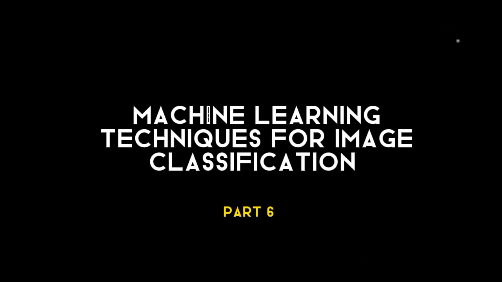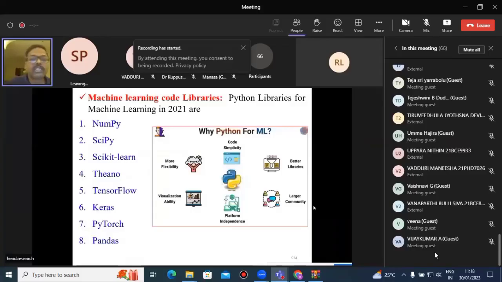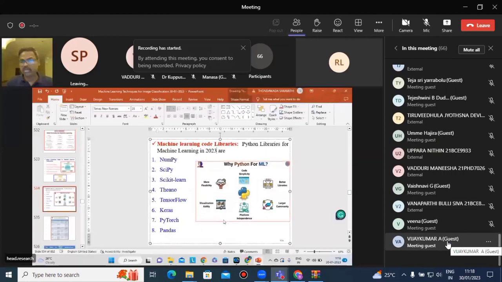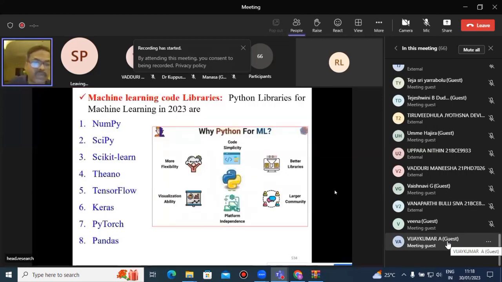Machine learning techniques for image classification. The year 2020, you can add 2023. Now, NumPy, SciPy, Scikit-learn, Theano, TensorFlow, Keras, PyTorch, Pandas.